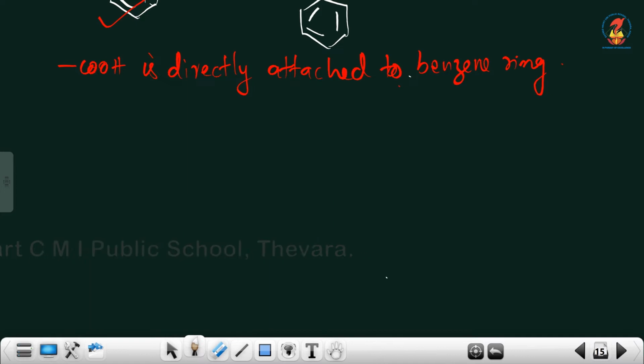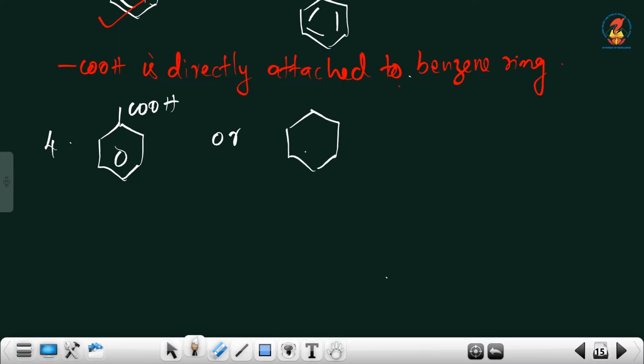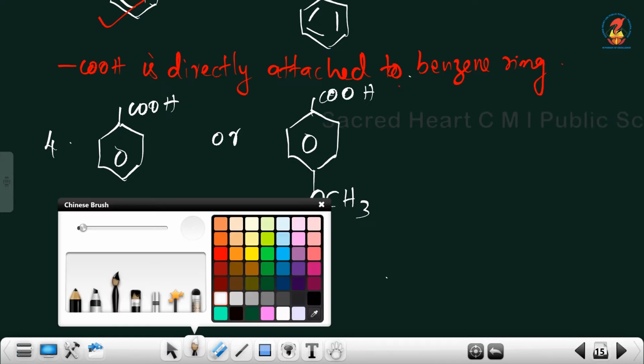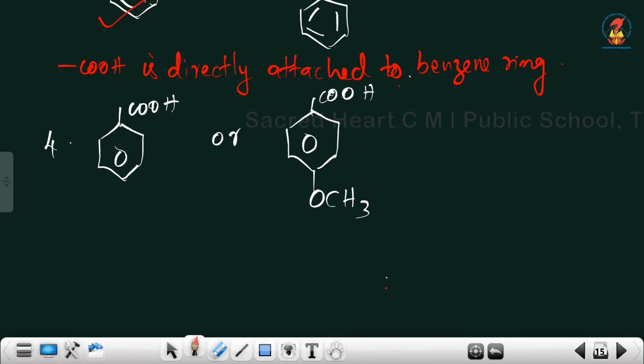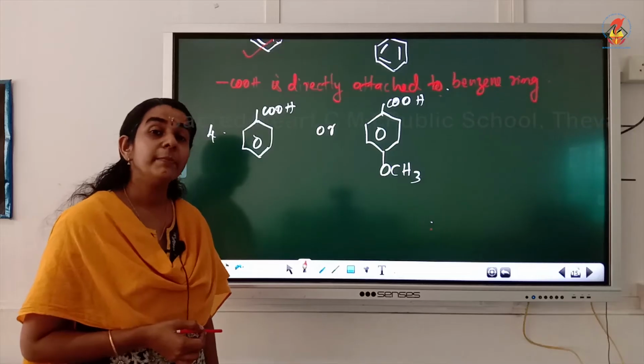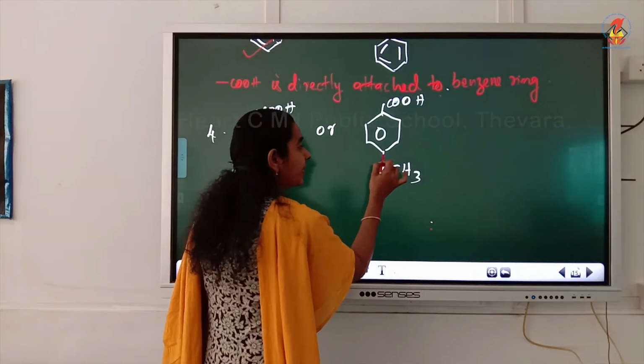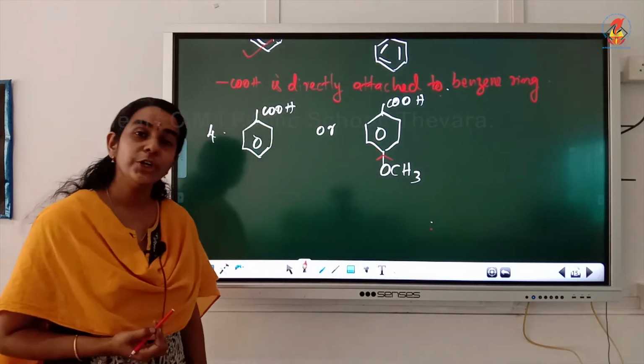Next question. Benzoic acid or 4-methoxybenzoic acid, which is more acidic? It is clear from the structure that there is one methoxy group, and we know that the methoxy group is plus I or electron donating.